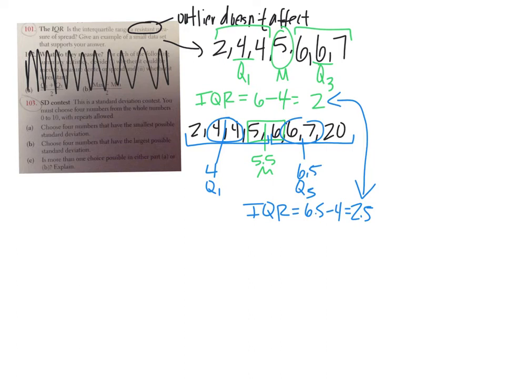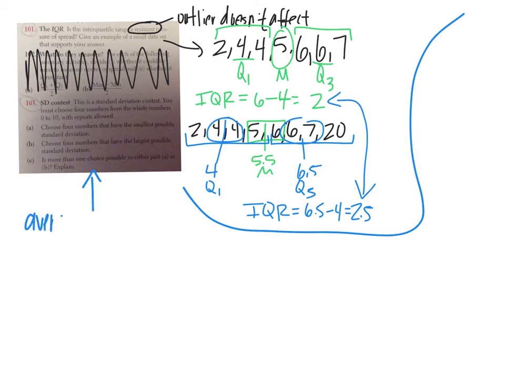All right, so the IQR is a measure of spread, by the way, or variability. Remember, that's another word for spread. And so is standard deviation. So this question right here is going to be good for talking about standard deviation. Standard deviation is the average distance from the mean.